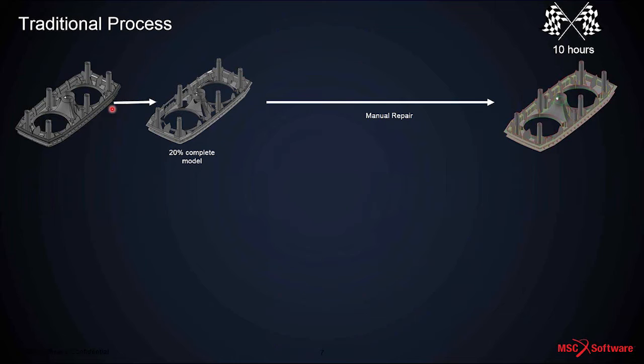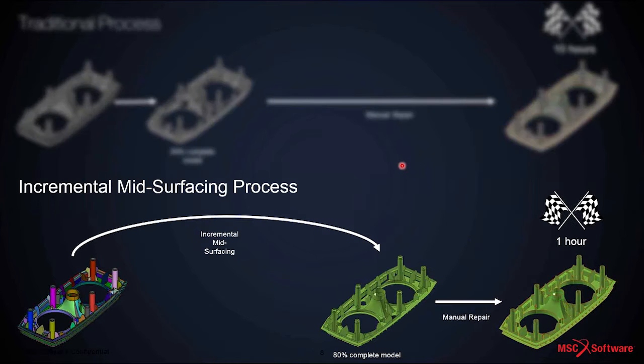So again, today in your existing tools, there might be this automatic method that works to some extent, but only gets you a partial amount of the way to your midsurface geometry. What I will go ahead and highlight now is the so-called semi-automatic approach that really creates geometry closer to completion.